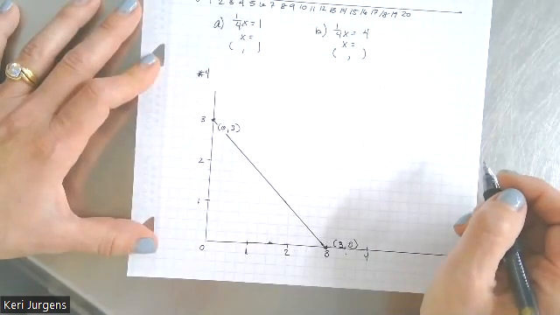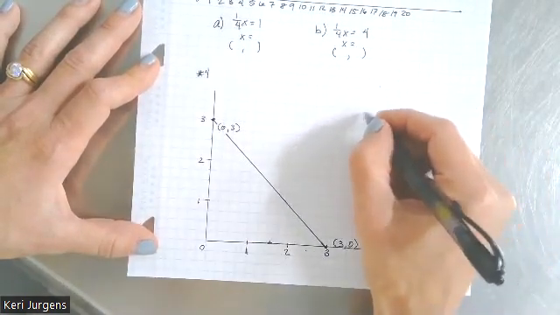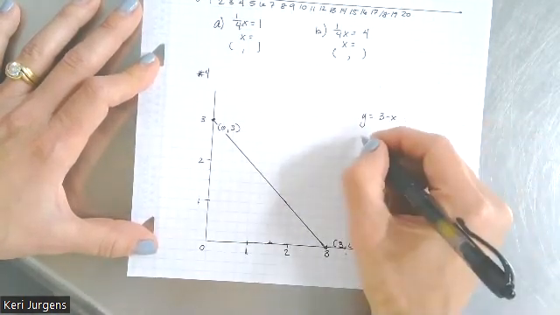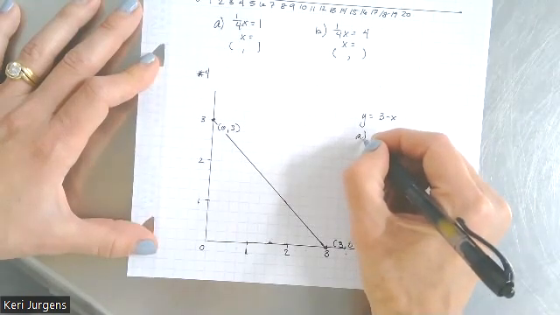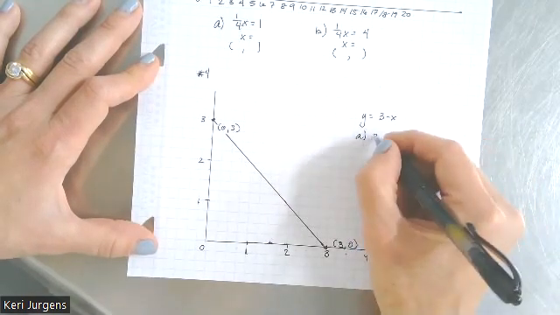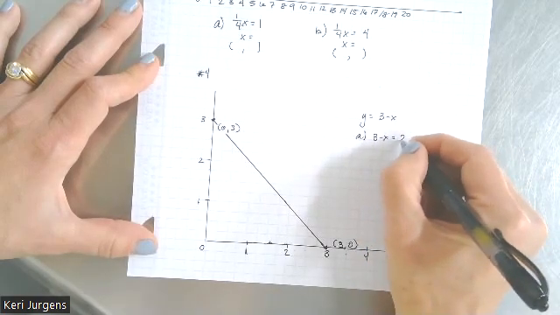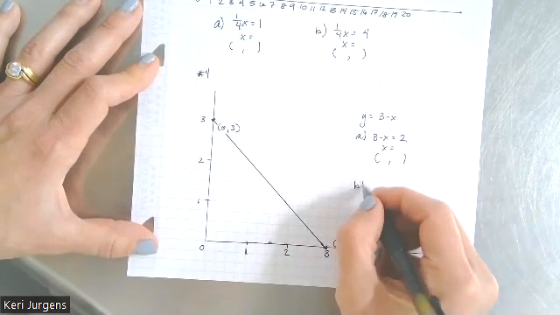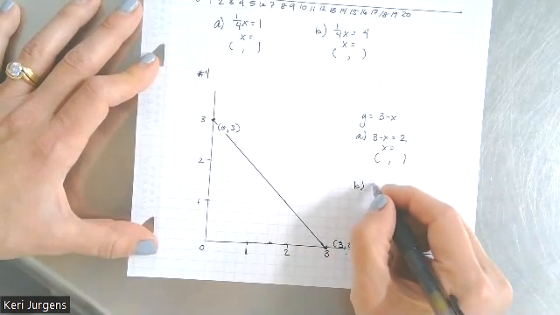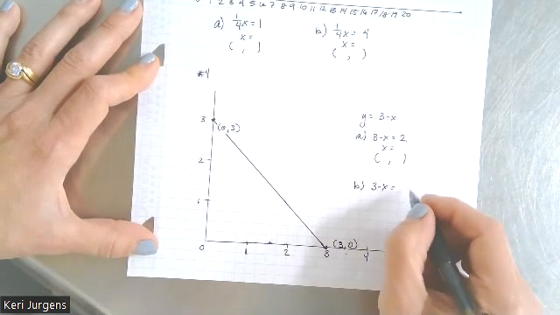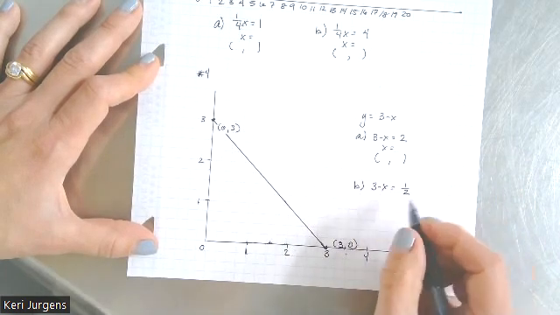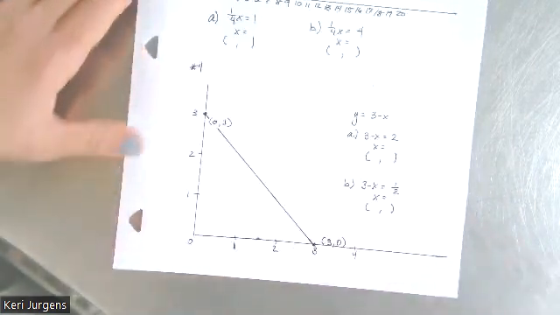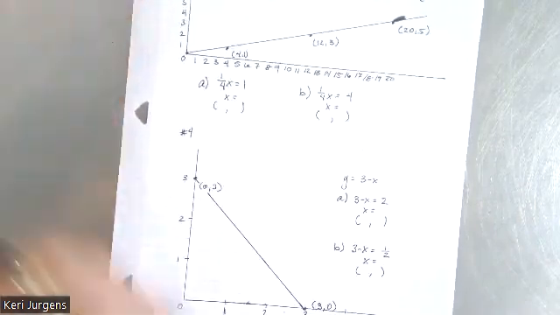Ignore letter C, please. The function for number 4 is y equals 3 minus x. We'll just do A and B. Okay, so go ahead and complete numbers 3 and 4.